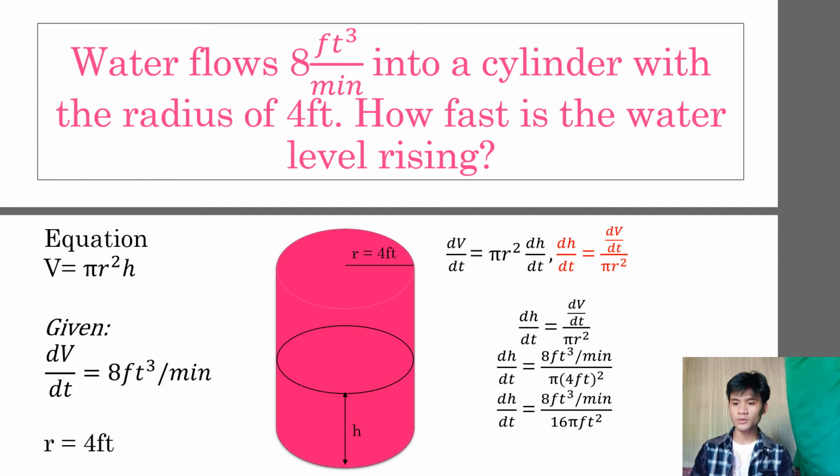Simplifying it, we come up with dh over dt equal to 1/2 feet per minute. So as the water flows at 8 cubic feet per minute into a cylinder with a radius of 4 feet, the water level changes at the rate of 1/2 feet per minute.